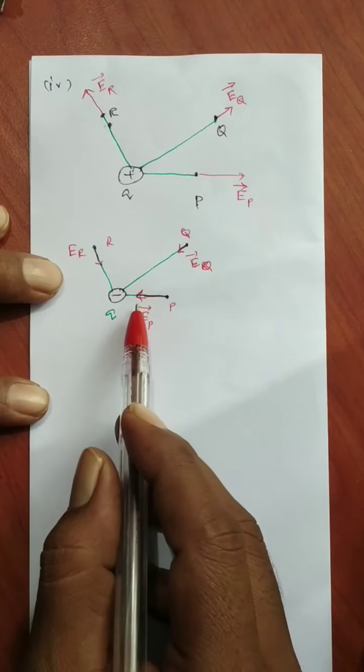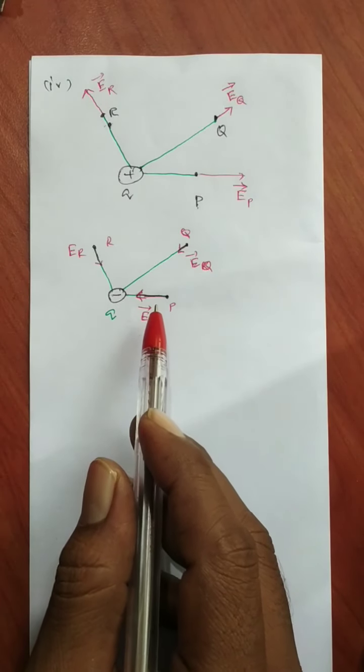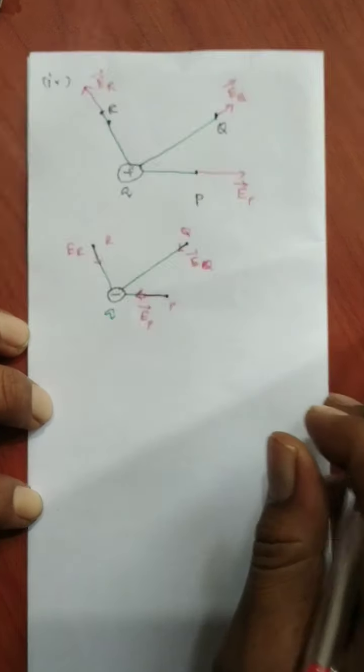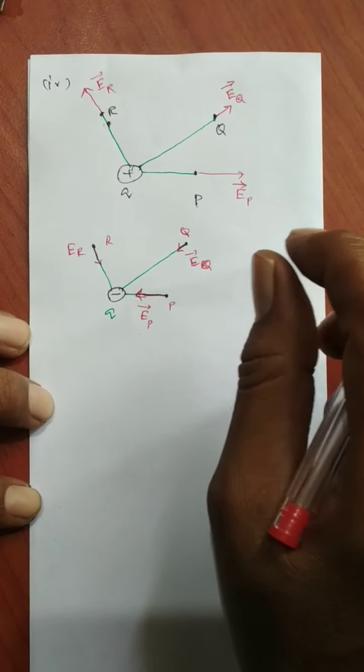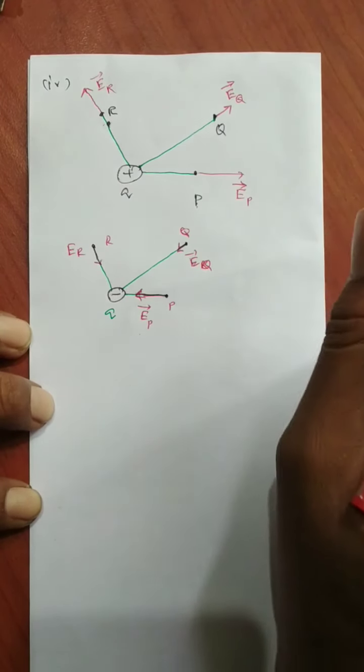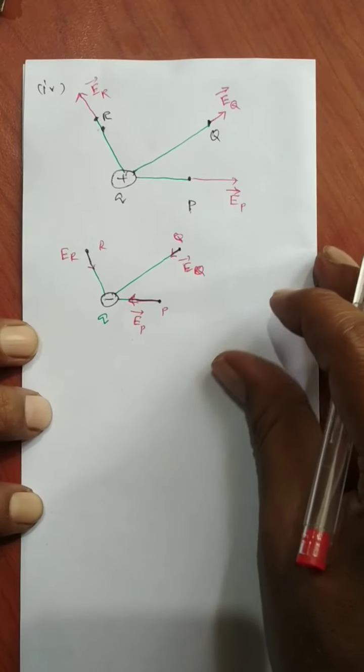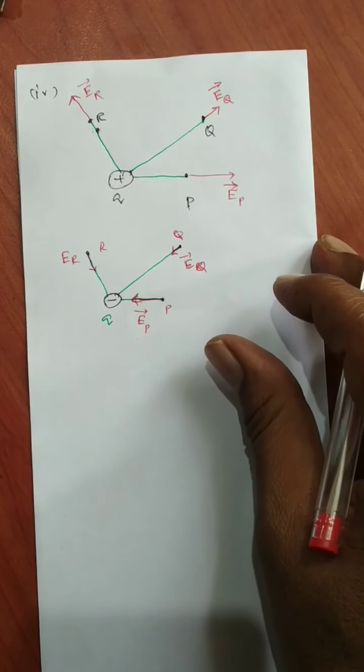When the distance is near, the electric field is higher in magnitude. So we can conclude that when the distance from the point charge is more, the electric field is lesser. When the distance increases, the electric field decreases. At a different point, it has a different direction and a different magnitude.